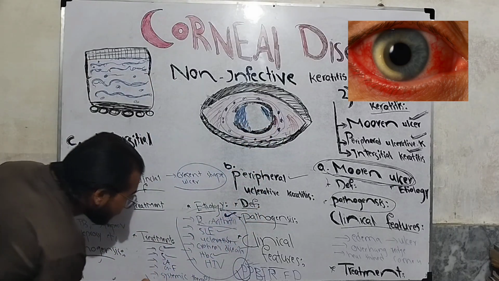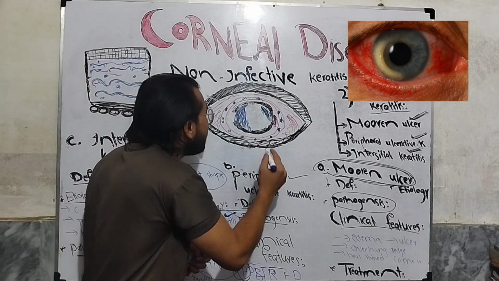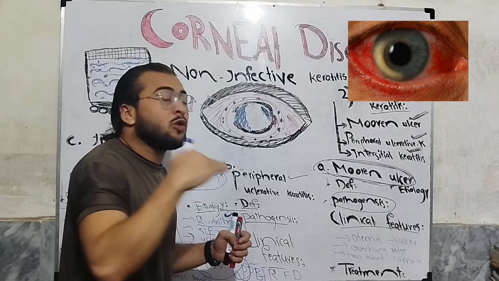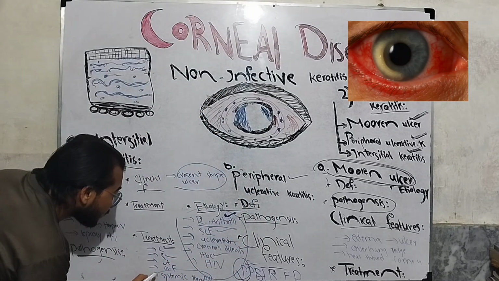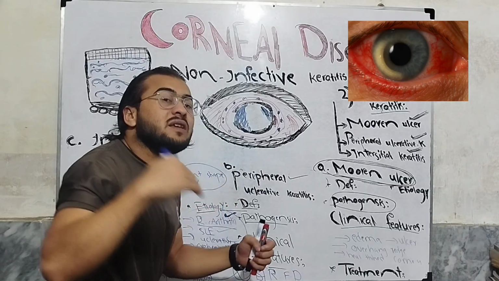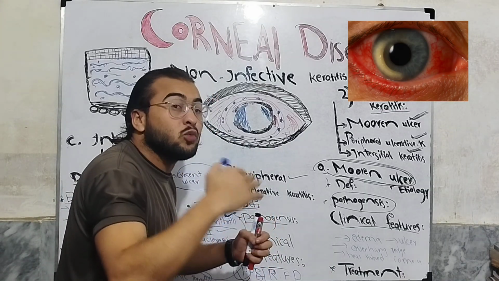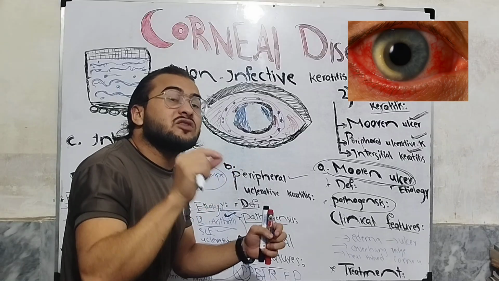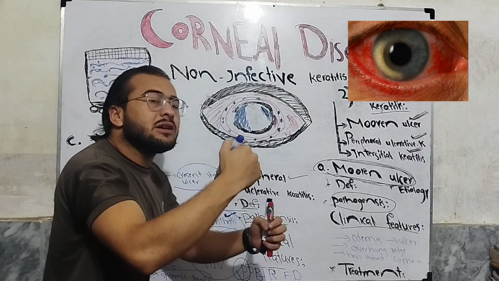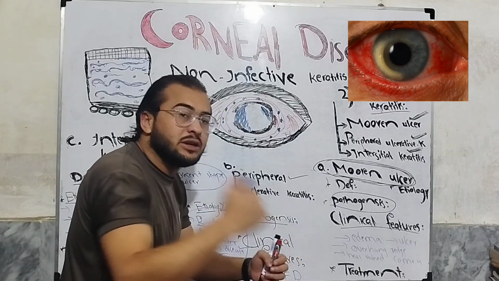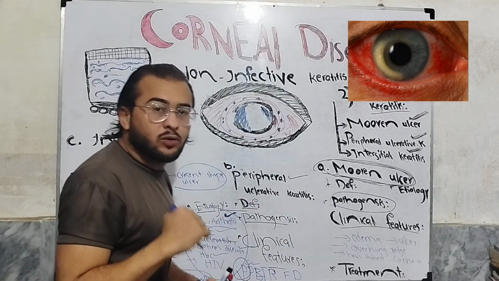And systemic therapy. Remember, if the patient presents to us with visible clinical features of systemic autoimmune conditions, the treatment of choice is intravenous steroids. This is the initial treatment of choice if the patient presents with visible clinical features of an autoimmune condition.